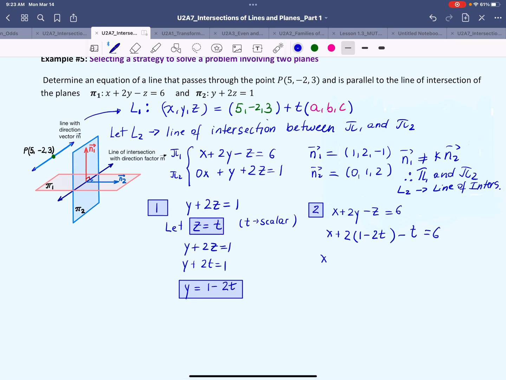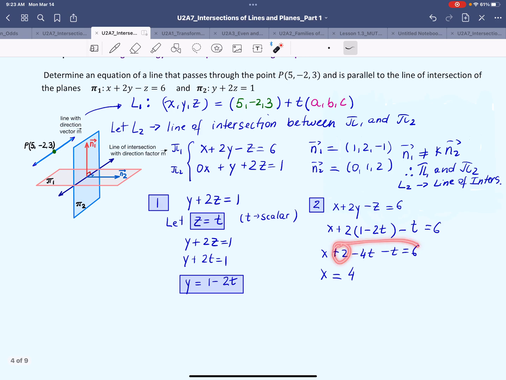And now let's solve for x. We have x plus 2 minus 4t minus t equals 6. x equals, take 2 to the other side, so that means 6 minus 2 is 4. And negative 4t minus t is negative 5t. When you take it to the other side, we'll make it positive 5t. And now we have the parametric equation for the third variable.